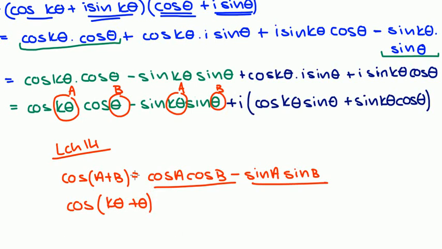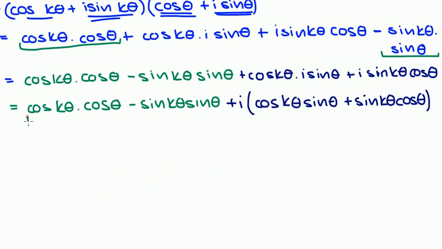So this will simplify to be cosine (k theta plus theta).